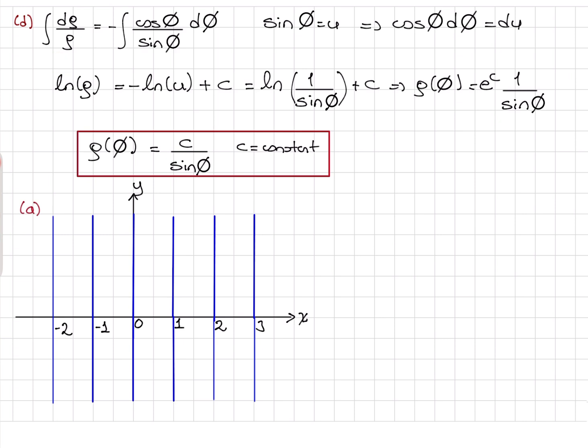This is d rho over rho. So this is natural logarithm rho, and then I have minus natural logarithm u plus c, which means u to the power minus 1 inside the natural logarithm. So that's 1 over sine phi. So my answer for rho of phi is c divided by sine phi.